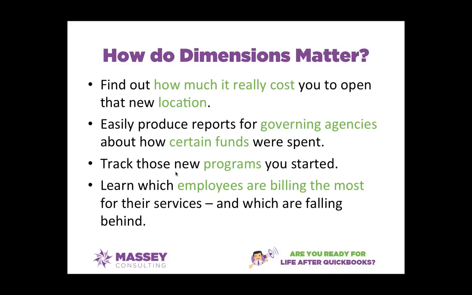So it's not a matter of creating this whole massive chart of accounts anymore to track this new location. You create one new location in your list of locations and you're off to the races immediately. Easily produce reports for governing agencies, track those new programs you started, and learn which employees are billing the most for their services and which are falling behind.